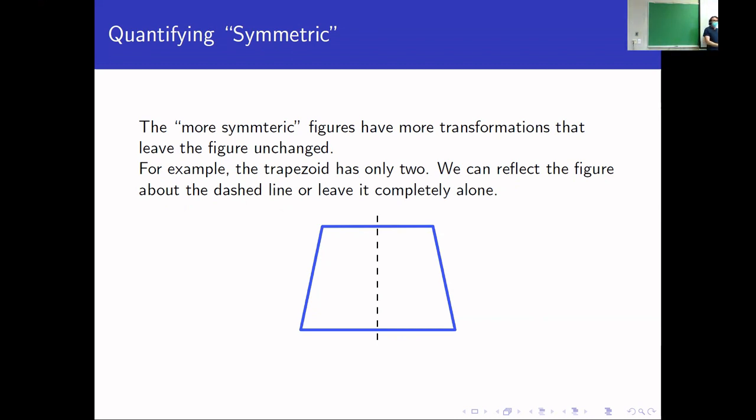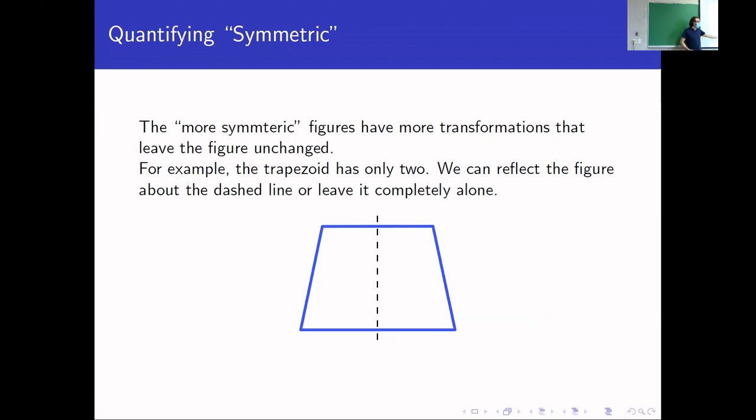The only thing you can do is flip it left to right, reflecting the figure about this line. For the purposes of this and what follows, I consider doing nothing a symmetry, and all mathematicians consider doing nothing to be doing something. So I guess we can say there's 2 symmetries. You can flip about that line, or you can leave it completely alone.